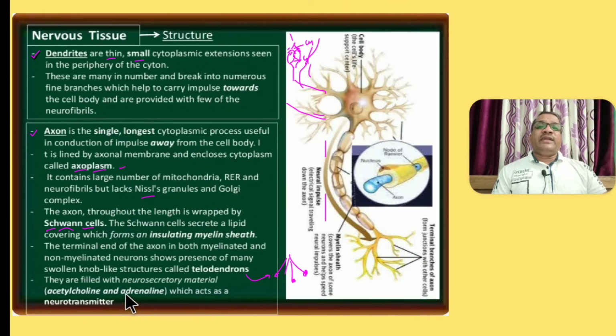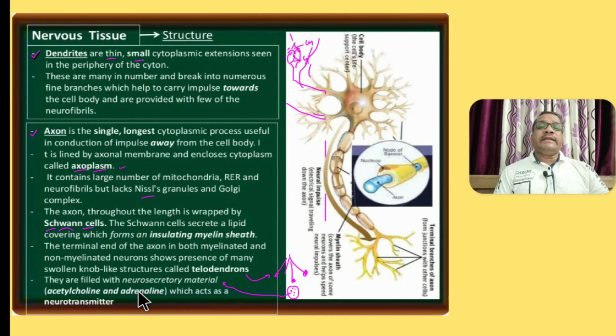They are filled with neurosecretory material. So, inside this structure you will see what? Neurosecretory materials will be present in these telodendrons, which are swollen, knob-like structures, and these neurosecretory materials are basically called what?